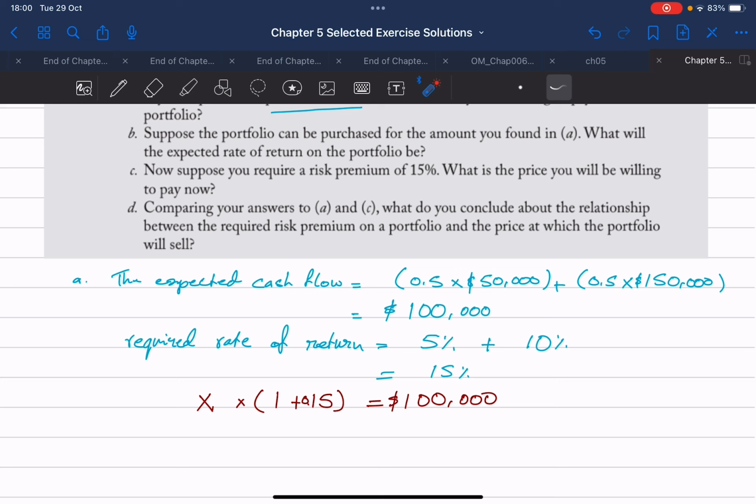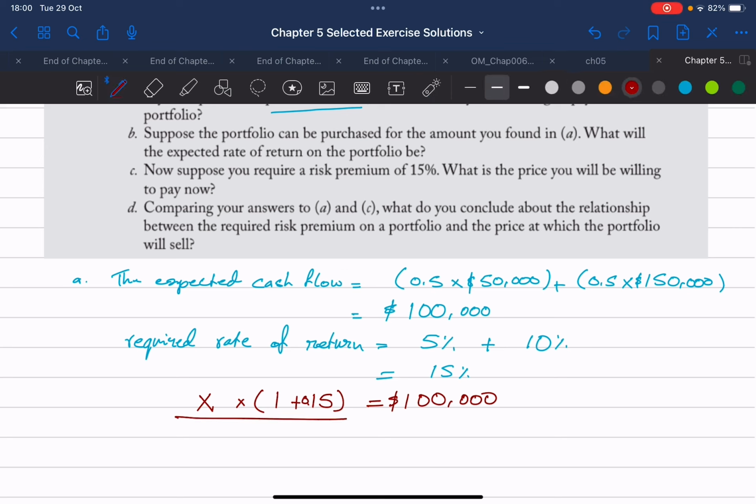So now all we need to do is just solve for x. How do we solve for x in here? We're just going to keep x on one side of the equation and get rid of this term right here. How do I get rid of it? I'm going to need to divide both sides by this amount, which is 1 plus 0.15, which equals 1.15, right?